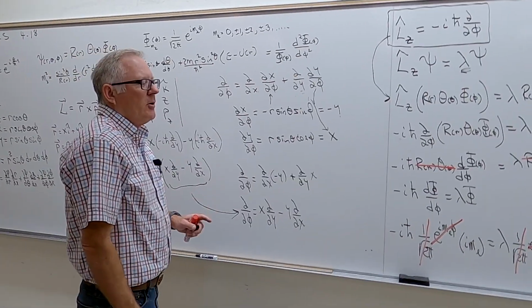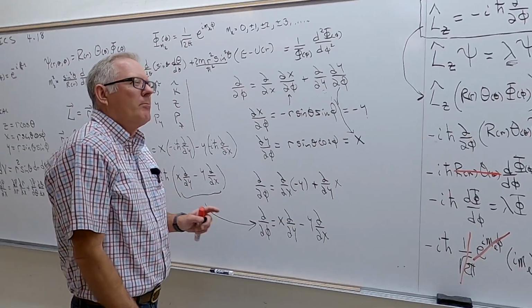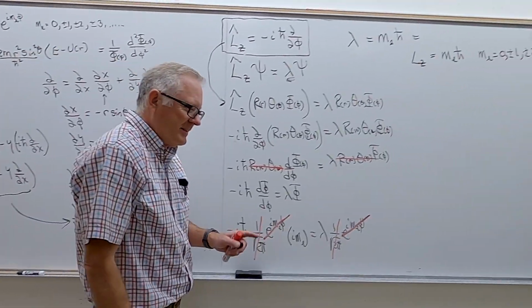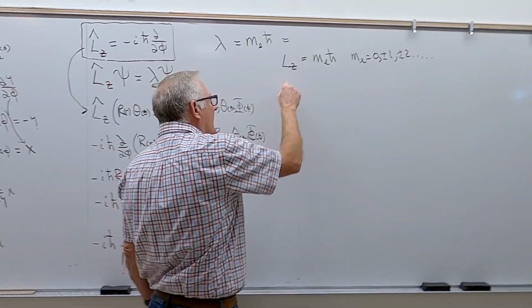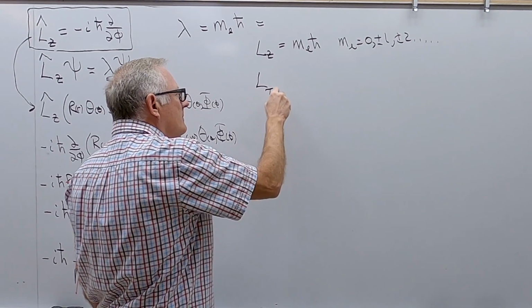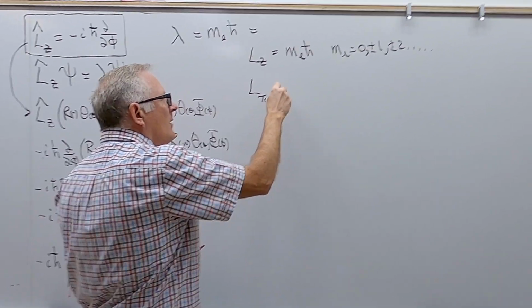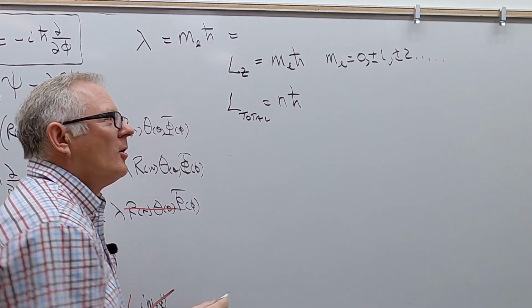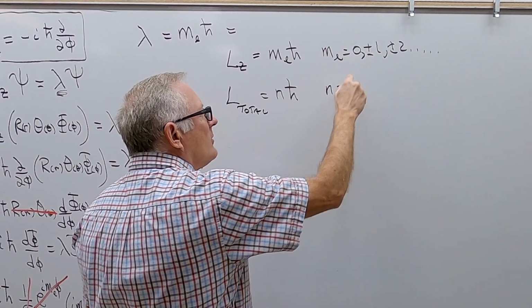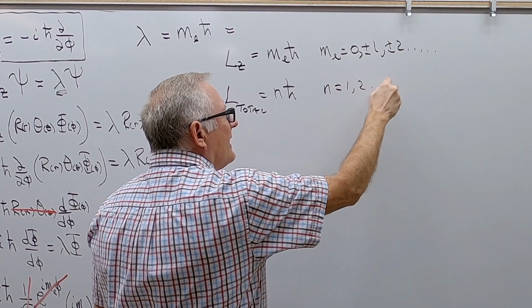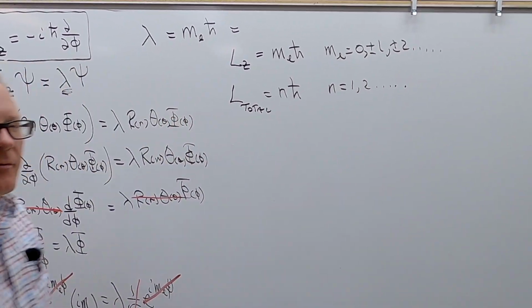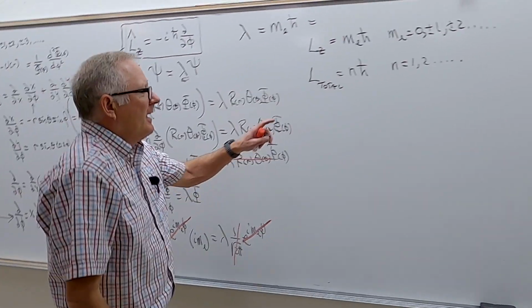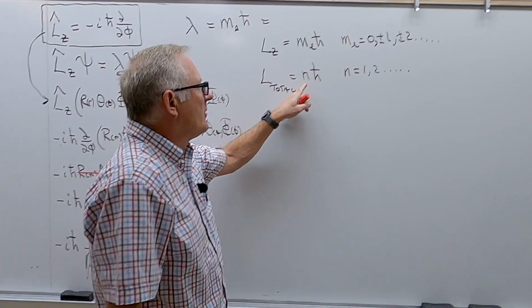It's the z component. If we go back to what Bohr said, remember, he said the total angular momentum was equal to n h bar, where n is equal to 1, 2, and so on. It's a little different here. First of all, he said angular momentum couldn't be 0.